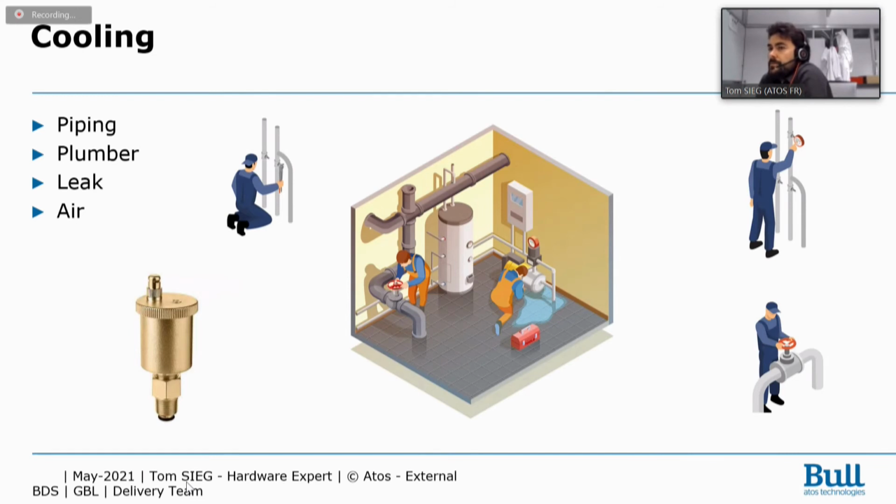The other part is the leak. It's the first time your installation is finished and almost in use. Maybe you will have a leak somewhere. You have to double check that you don't have any leak on the rack or on the installation itself. Generally, it's a leak from the plumbing under the raised floor.